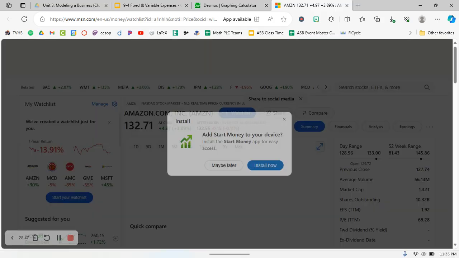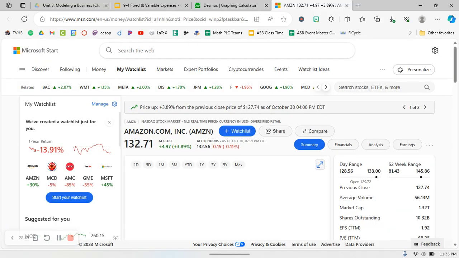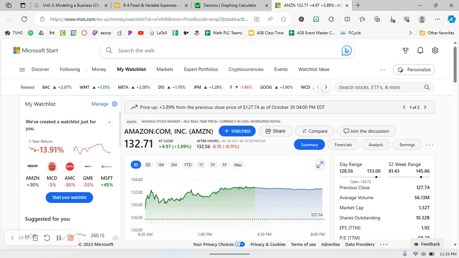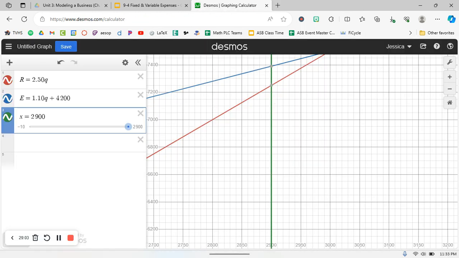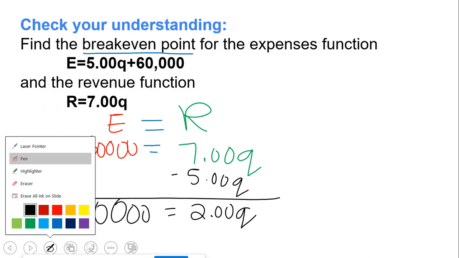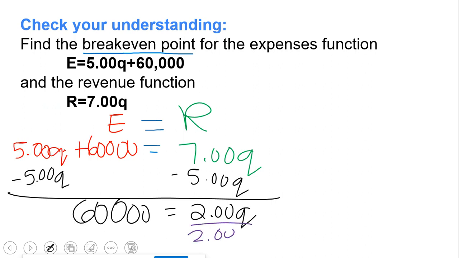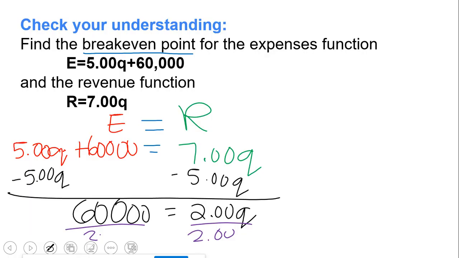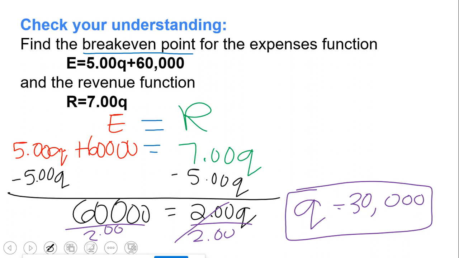To get Q alone, I'm just going to divide both sides by 2.00. And I will get Q is equal to 30,000. Boom. This took a little longer than anticipated, but I did do a quick little review, which is nice.